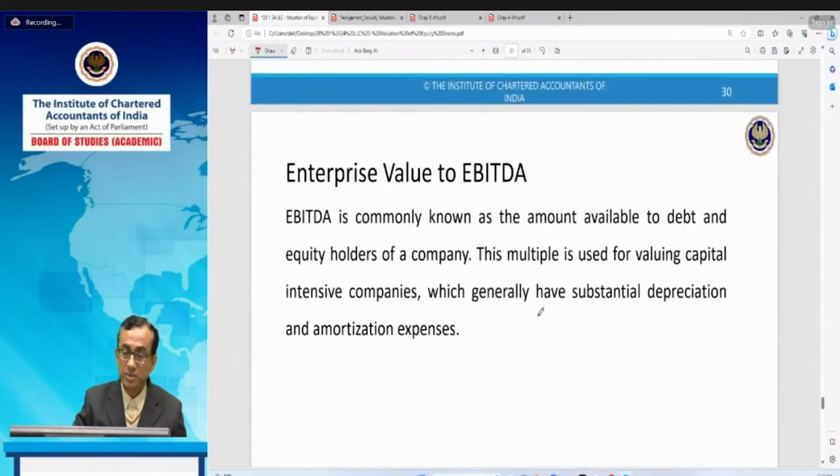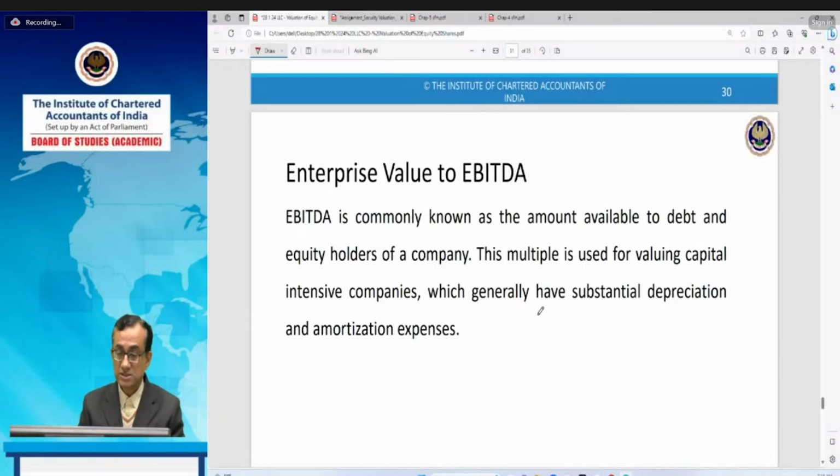Now come to enterprise value to EBITDA, that is earnings before interest, tax, depreciation and amortization. It is also known as the amount available to debt and equity shareholders of the company. This multiple is used for valuing capital intensive companies which generally have substantial depreciation and amortization expenses.